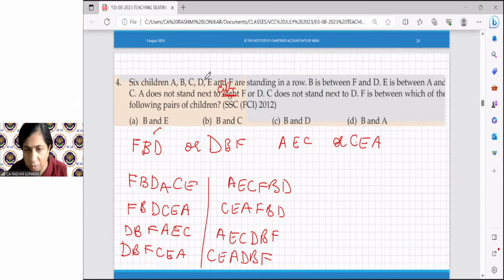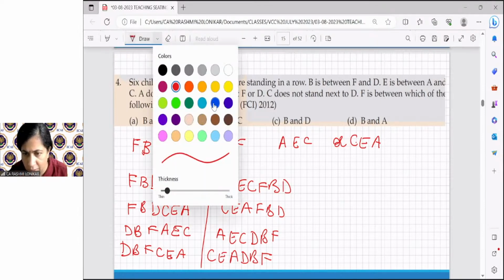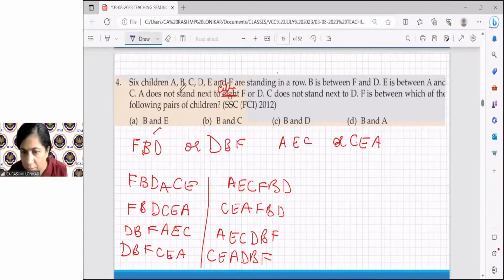Now, what important information they have also given us is that A does not stand next to either F or D. This becomes important. So in this one, A is standing next to D, which is not allowed, so this goes away. A standing next to F is also not allowed.